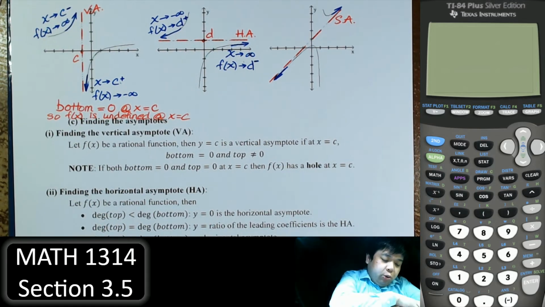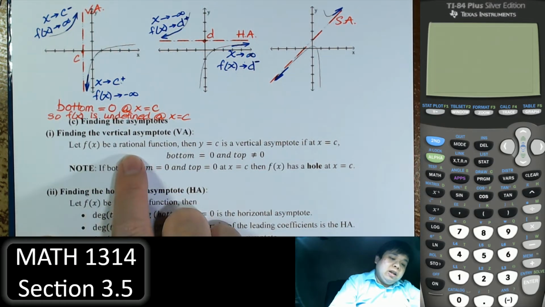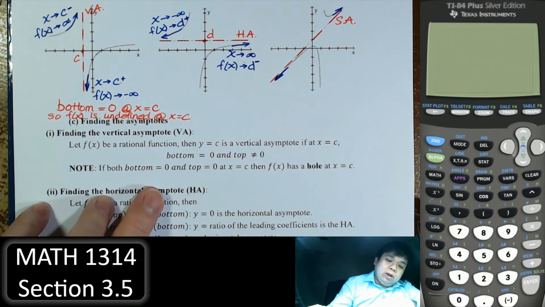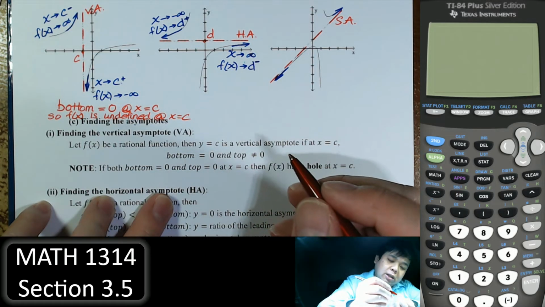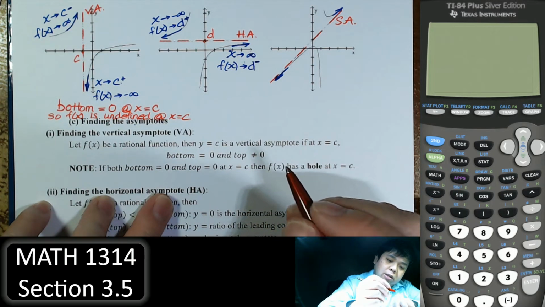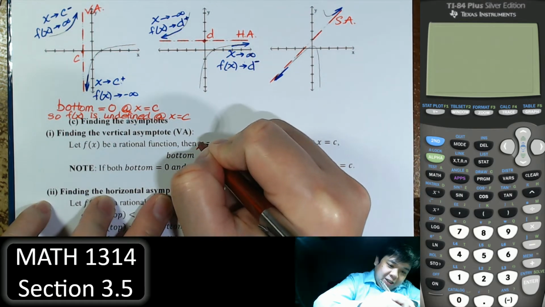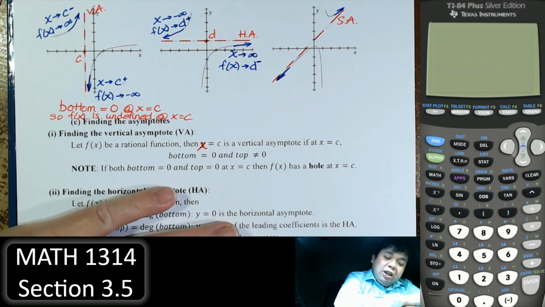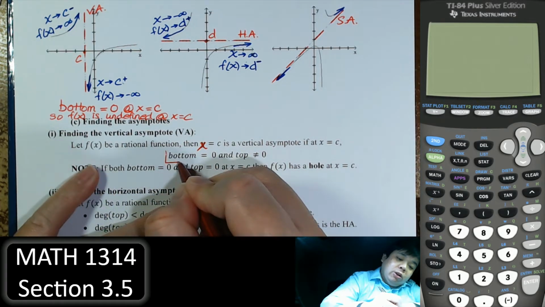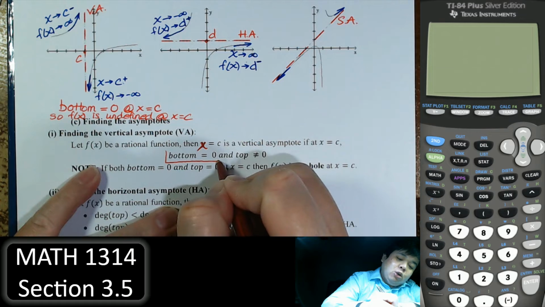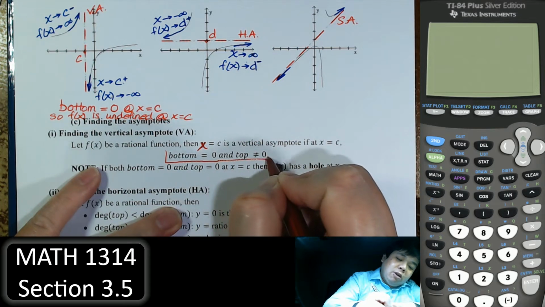Right. Now, go to finding the asymptote, finding the vertical asymptote. Let f of x be a rational function. Then x equal to c is a vertical asymptote if at x equal to c, the bottom equals 0, to make it undefined, but we need the top not equal to 0.